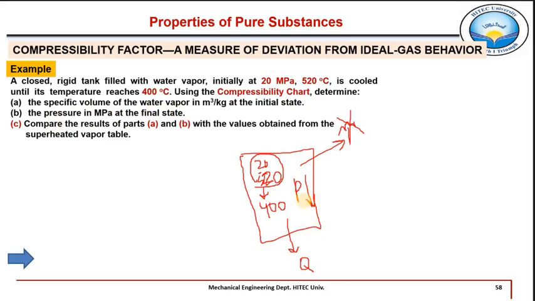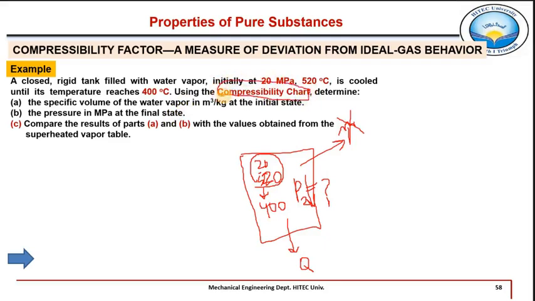Final state means P2, because initial pressure is given as 20 megapascal. The final pressure P2 is to be calculated in part B, and for both of these parts we need to use the compressibility chart.